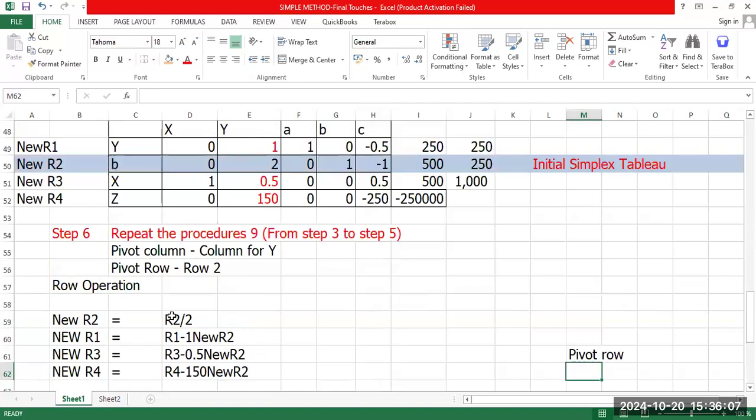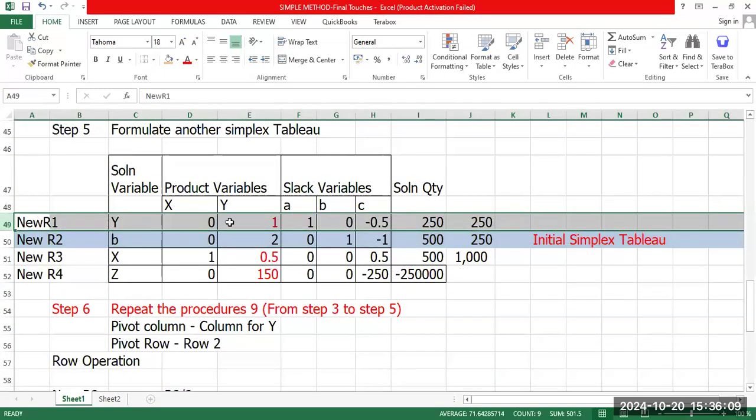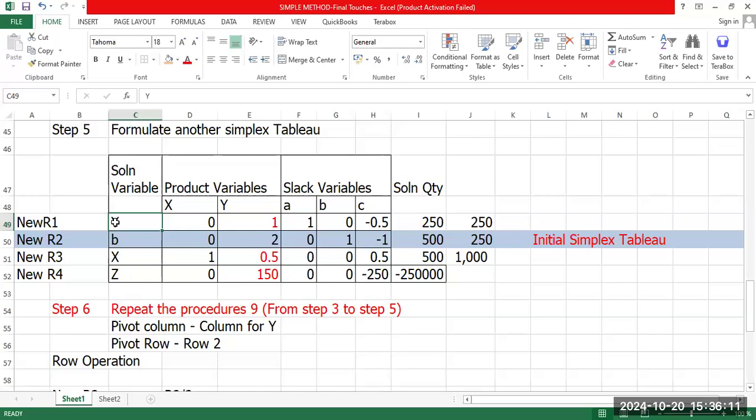Remember, this y was not as a result of this y being a pivot row.